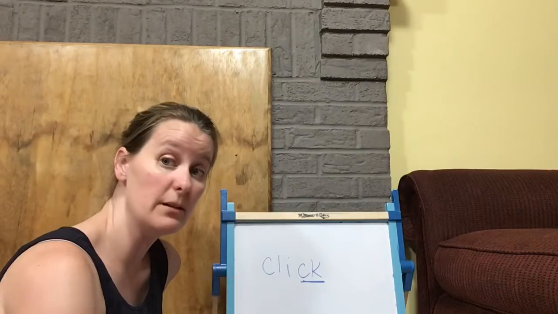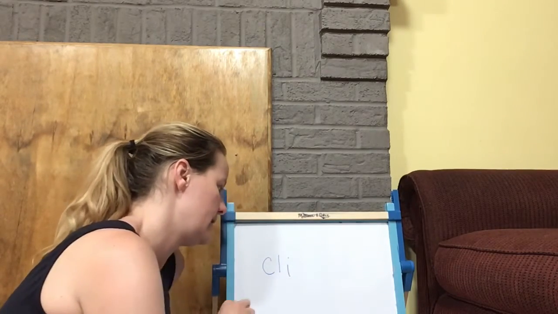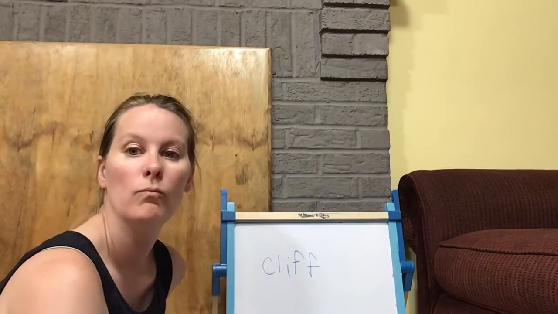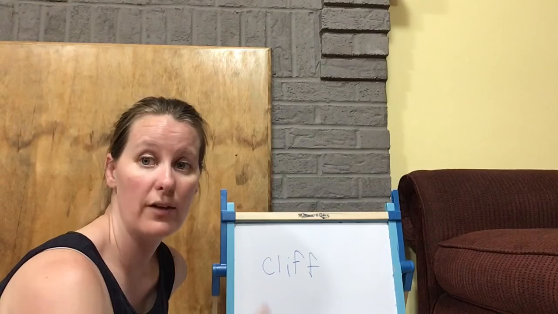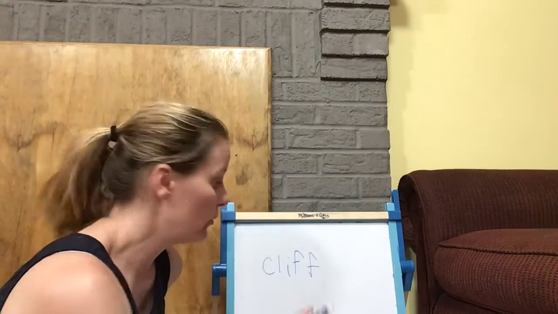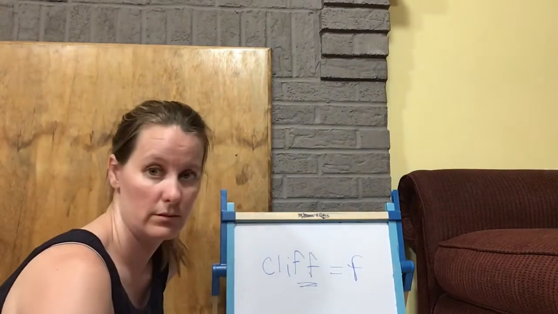Now I'm going to change my double letter. It's not going to be CK anymore. Okay, it's going to be, now what do I have? Do I have click, f? No, because remember this equals one sound, okay?